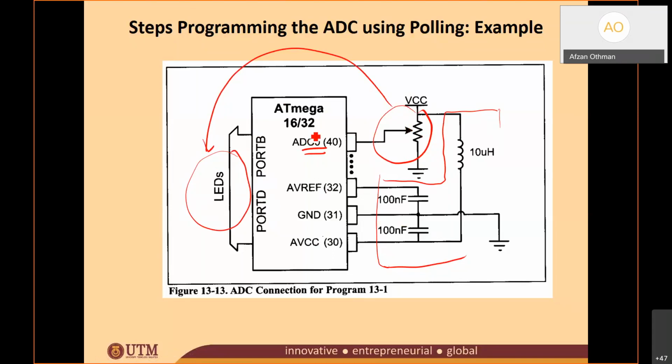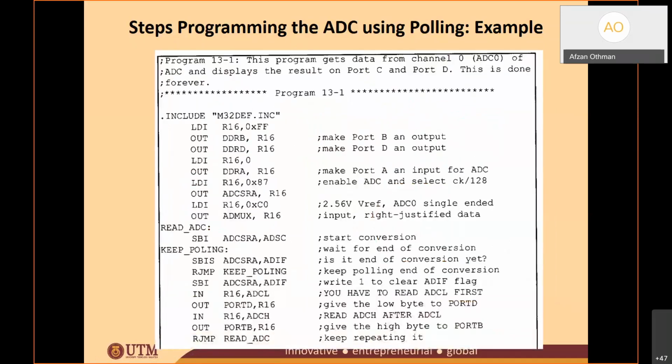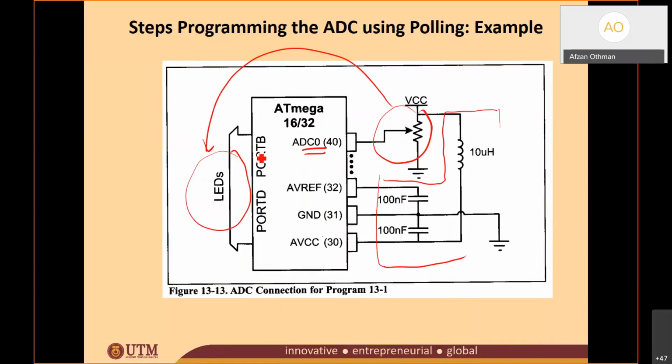So how do we do it? This is the one that we would do if we were using assembly language. But for this course, for ADC programming, we are going to use C programming. So now we are going to write down this example. I just copy this one here.